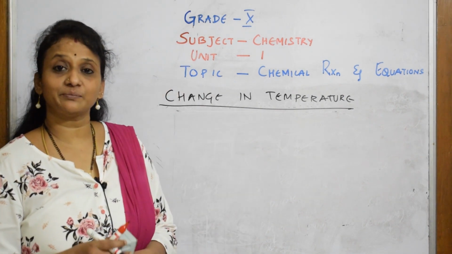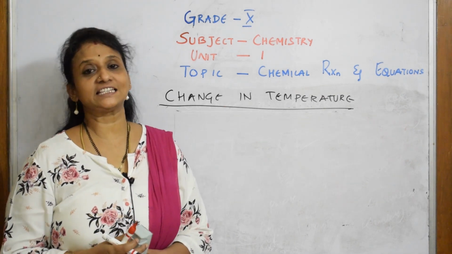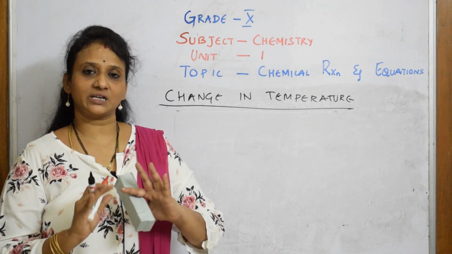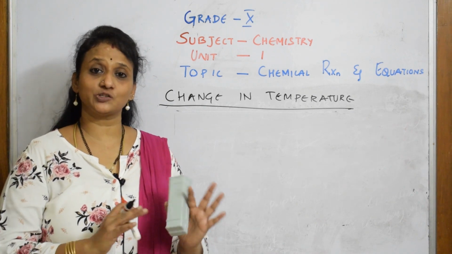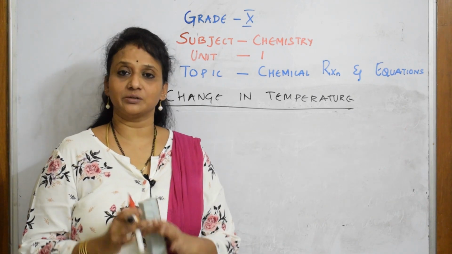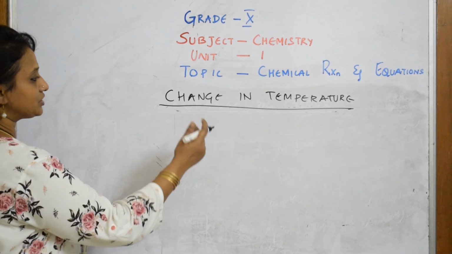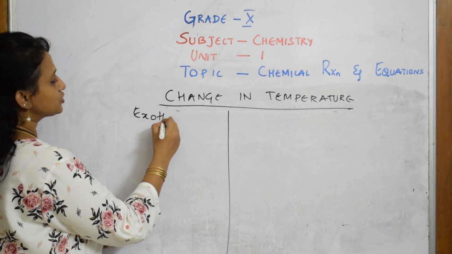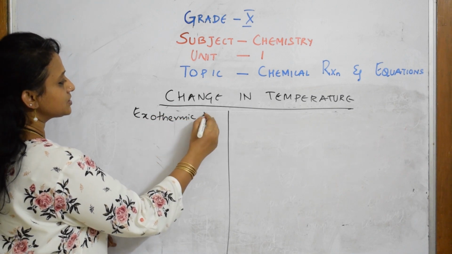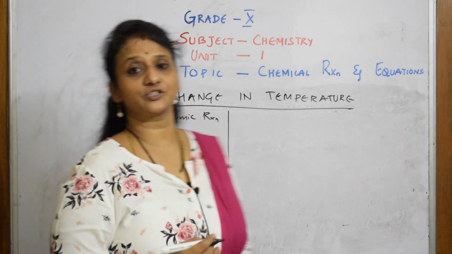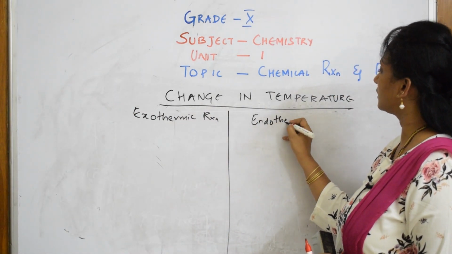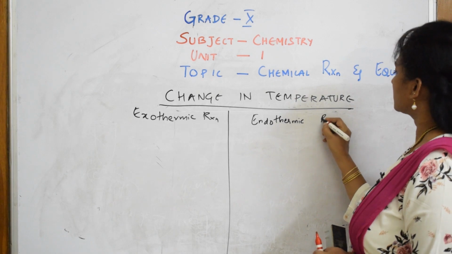Now let us see the next characteristic, that is change in temperature. Earlier in the video I told you there are two varieties of reactions: exothermic reactions and endothermic reactions. The temperature change can be in either form.